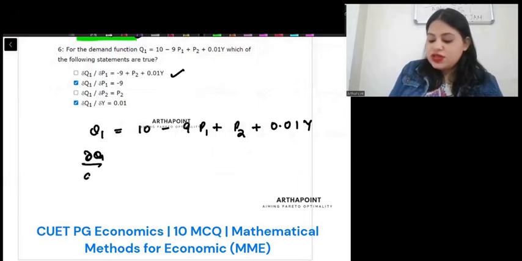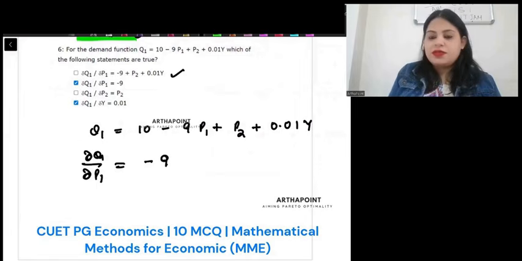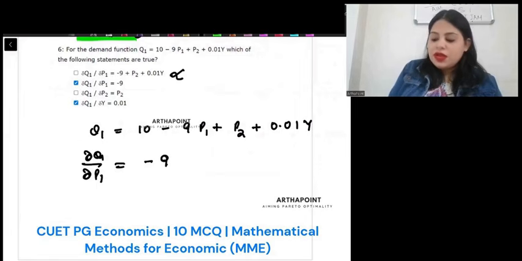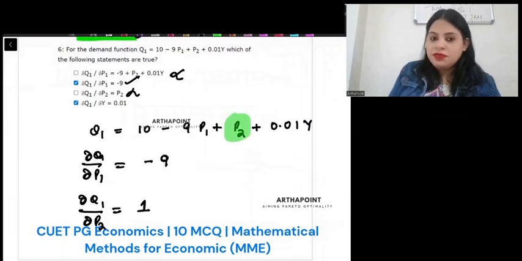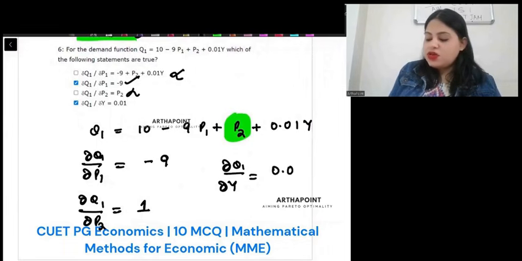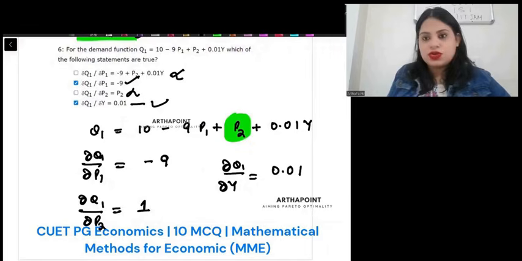If you differentiate this with respect to P1, you will get minus 9. So this is incorrect. So this is correct. If you differentiate this with respect to P2, you will get 1. So this is incorrect. P2 is only coming here now. If you differentiate this with respect to Y, you will get 0.01. So this is correct. That's the answer to this question.